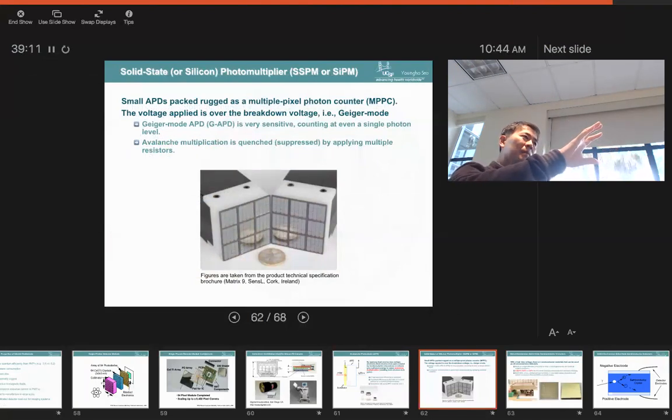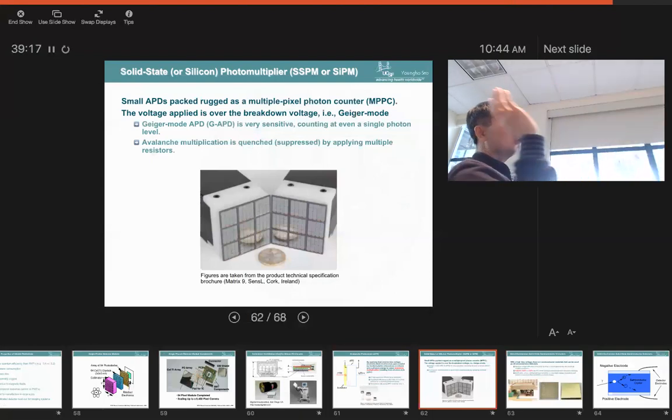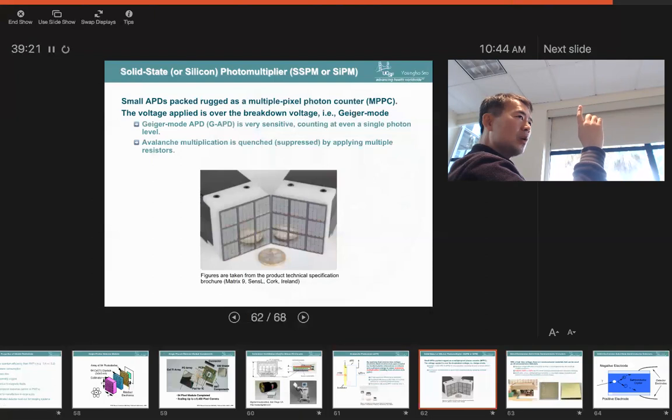But for PET imaging, the current state of the art is this solid state photomultiplier. A lot of older PET scanners are made of BGO or LSO, that's the name of the crystal, coupled with photomultiplier. But PET scanner technology has evolved very rapidly in the recent 5 to 10 years.